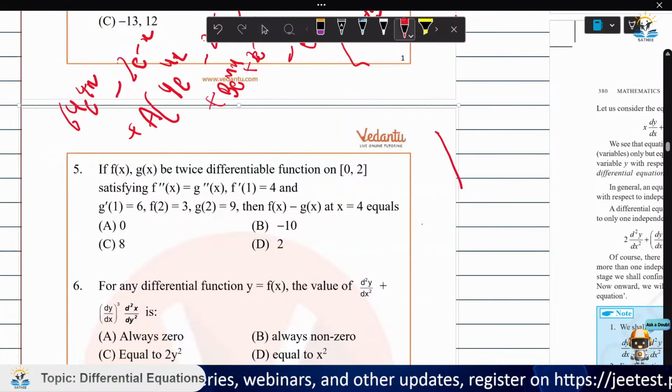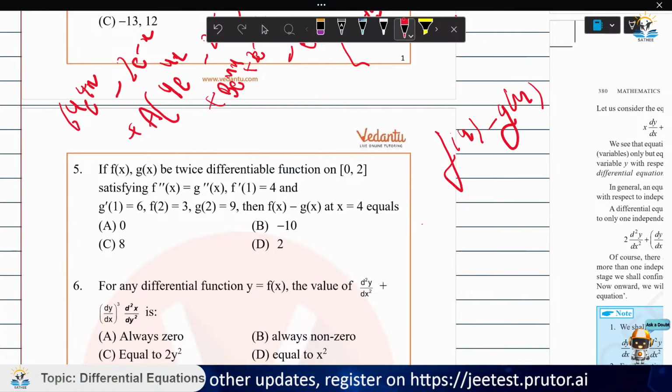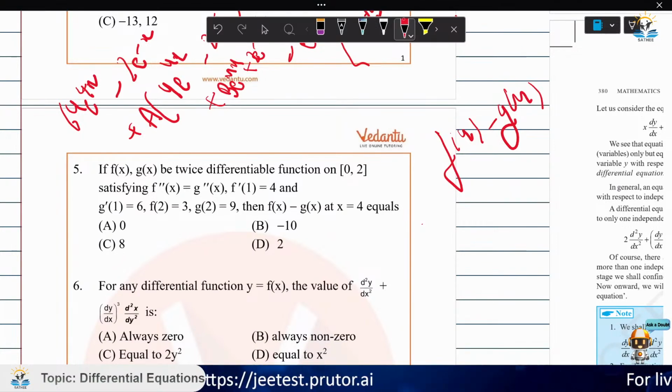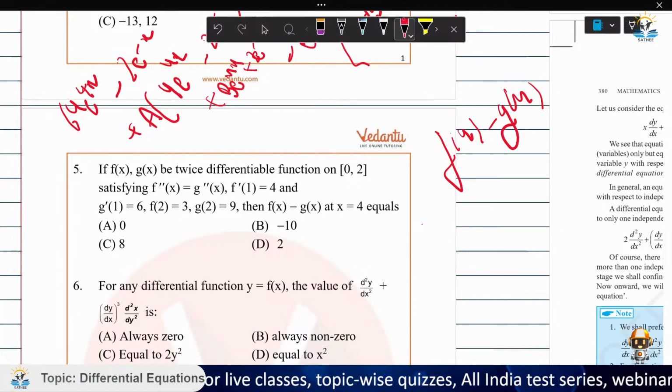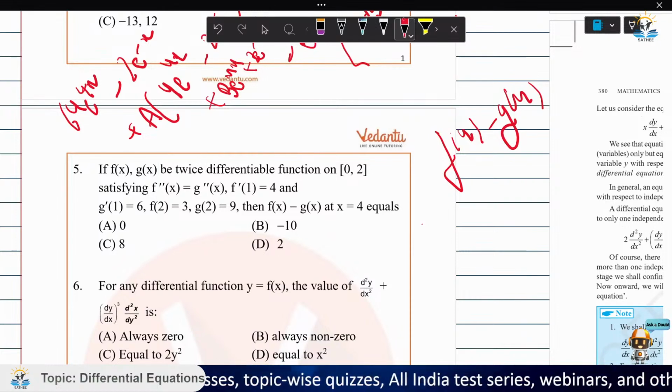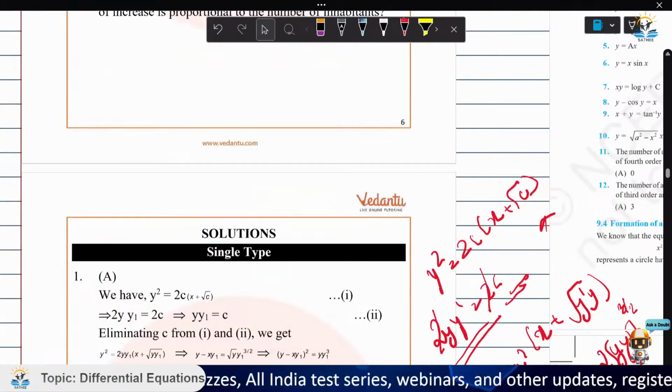So this is the question and we have to find f of 4 minus g of 4. Let us see how we go about the solution because it's not clicking to me right now, but we'll see.